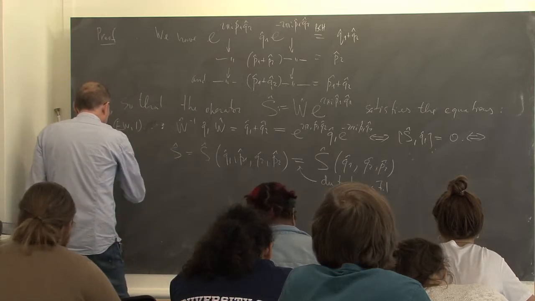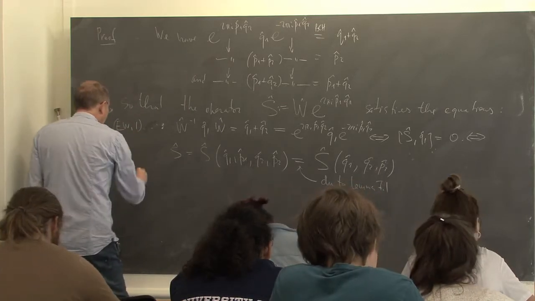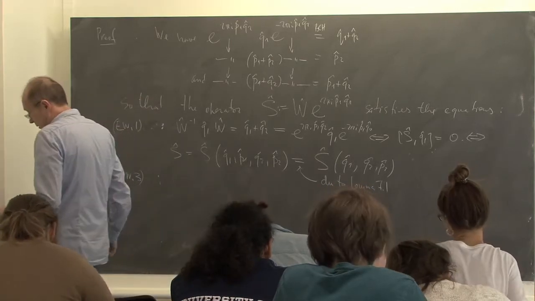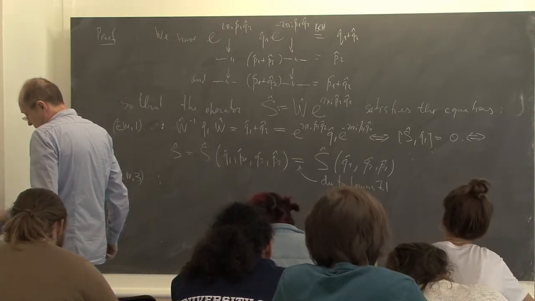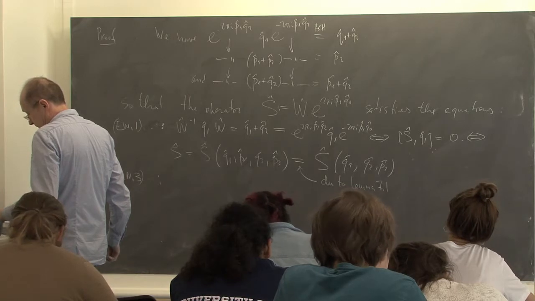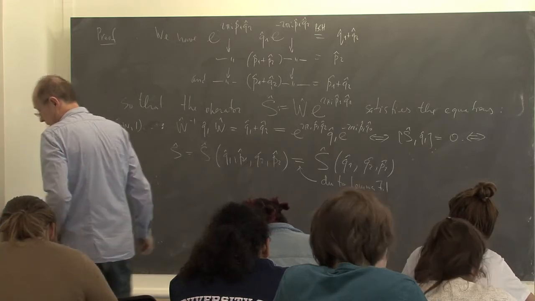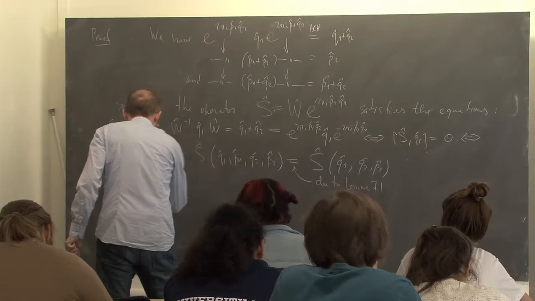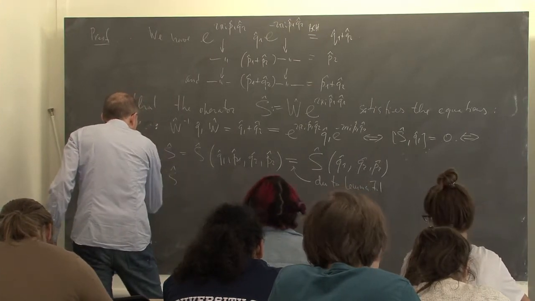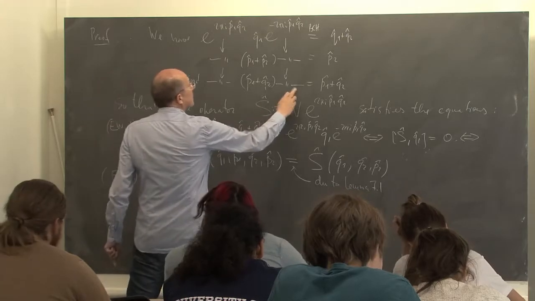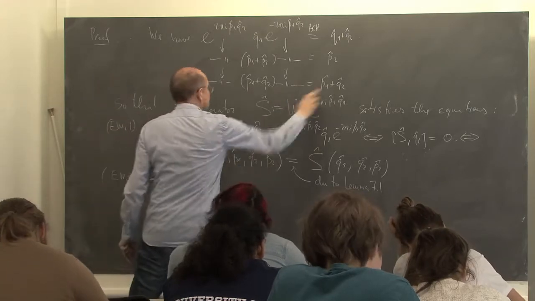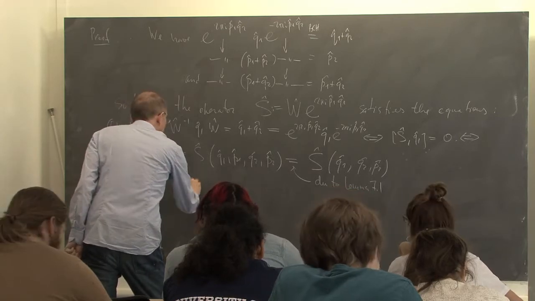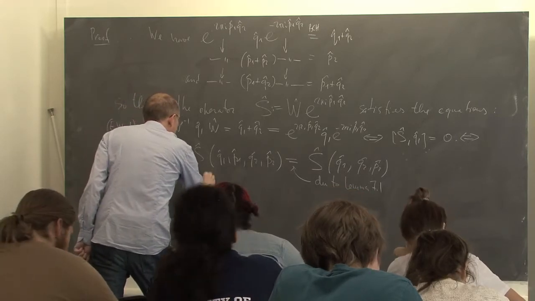Now the second equation, which is the third actually. Third means S hat, it's just this part. S hat commutes with P1 hat plus Q2 hat.